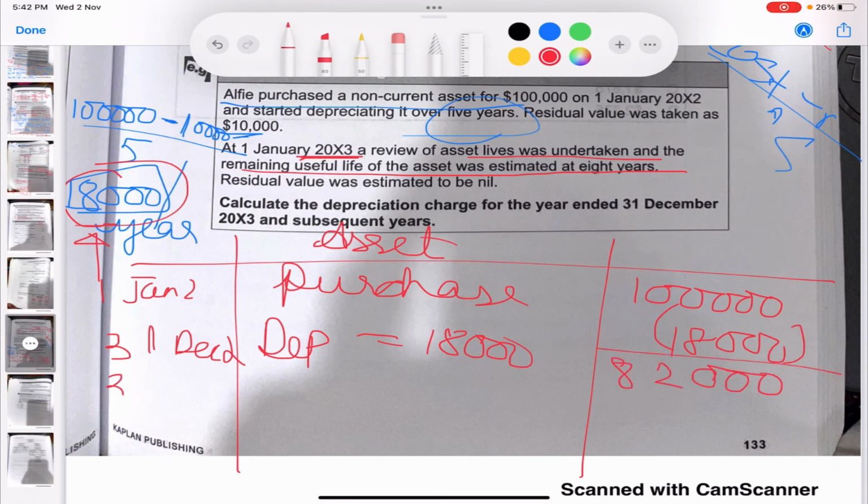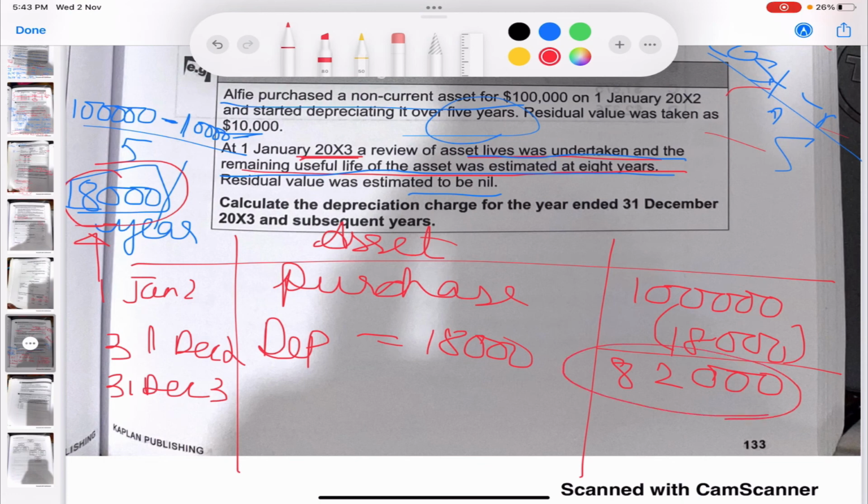Now on 31st December 2003, we need to calculate depreciation again. But on 1st January, we have revalued the entire thing, right? Here the remaining useful life is 8 years. So what do we need to do? The same formula, cost minus residual value upon useful life. What is the cost now?